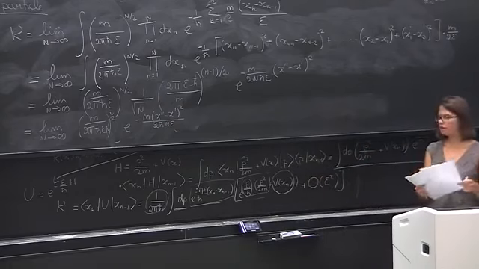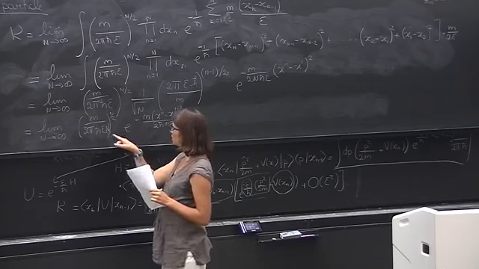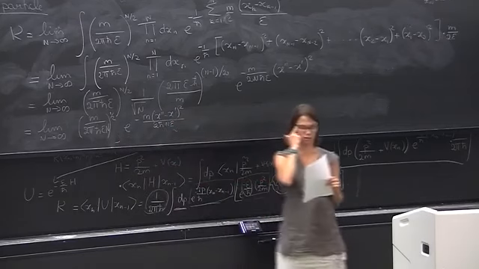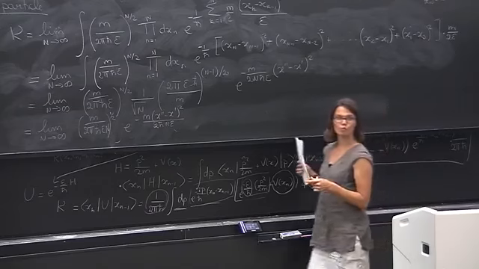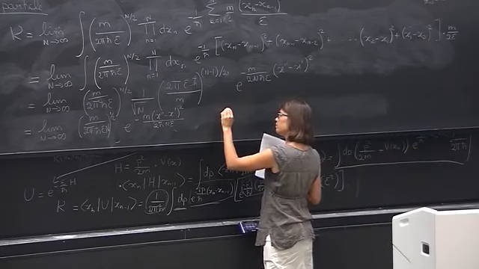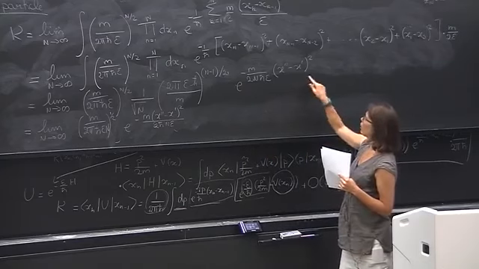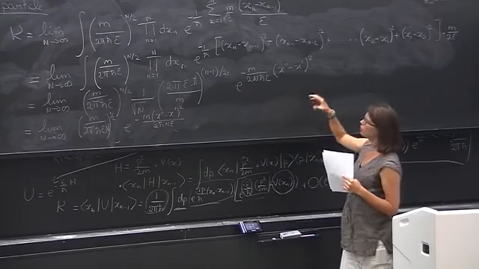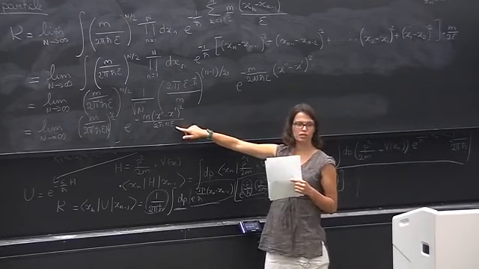So how do I take this limit? What is n epsilon here? The interval of time. Yes, because you remember I divided my interval tau double prime minus tau prime into n subintervals of time duration epsilon.